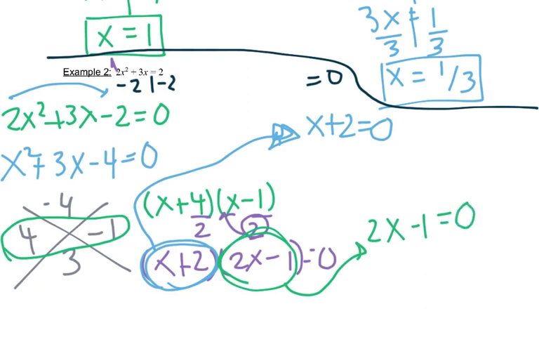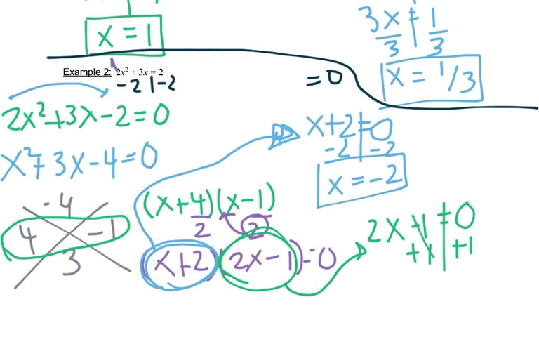I'm going to solve the blue one first. We just need to take away 2 from both sides, and we get x equals negative 2 as one of our answers. Looking at the green one now, I need to add 1 to both sides first, and then we get 2x equals positive 1. Now I need to divide both sides by 2. And we get x equals 1/2 as our second answer.